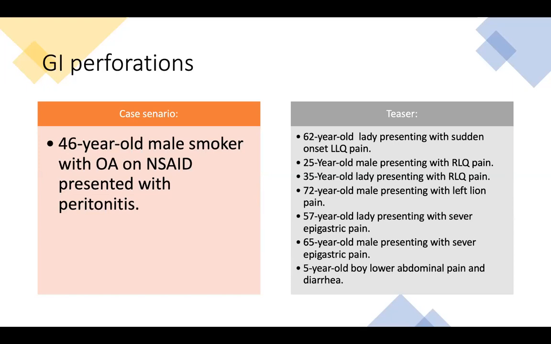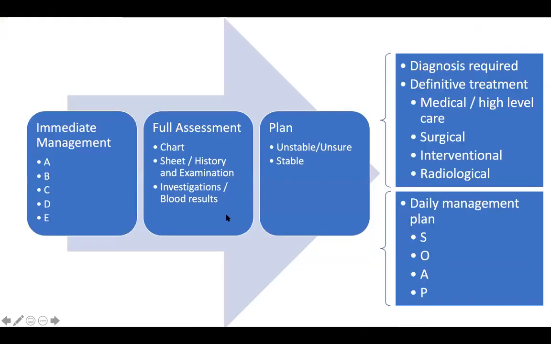A 5-year-old boy with lower abdominal pain and diarrhea. Gastroenteritis. Can be, okay. These things are for you to think about, okay? And I will take you through them again, don't worry. This is just the start of this station, what might be discussed in this station about GI perforation.